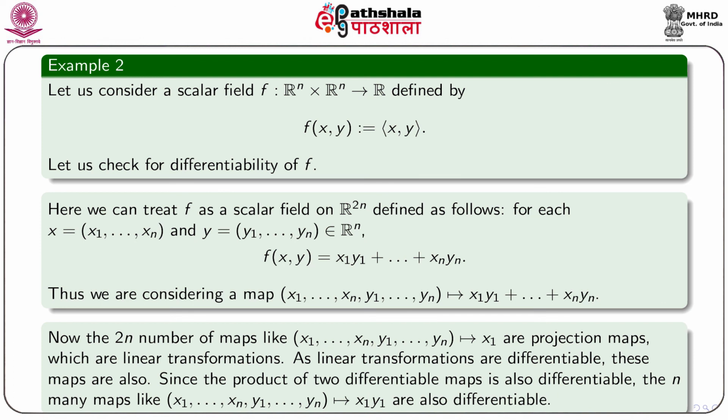Now, the map which sends (x1 to xn, y1 to yn) to x1 and the map which sends this point to y1 are both differentiable. Since the product of two differentiable maps is differentiable, this map is also. And we can find n many similar maps like this, all of which are differentiable.